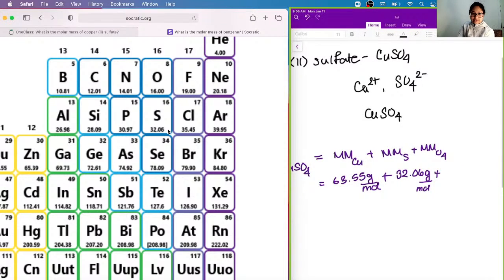And in this case, oxygen has a molar mass of 16, but before that, we know we have 4 oxygens, so in this case, we would have to multiply 16 by 4, since the molar mass of one oxygen atom is 16, and so to get 4, we would have to multiply that 16 by 4.